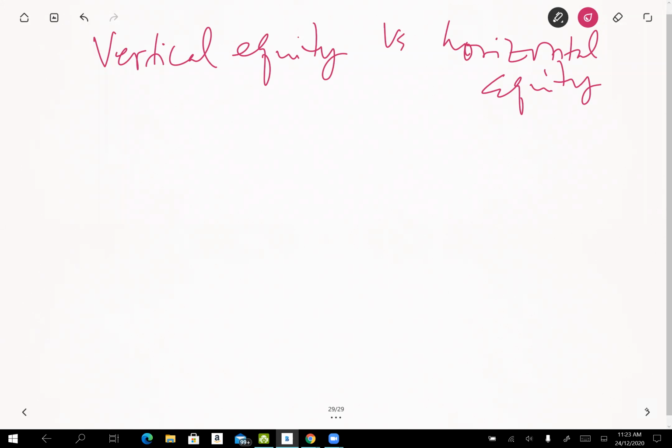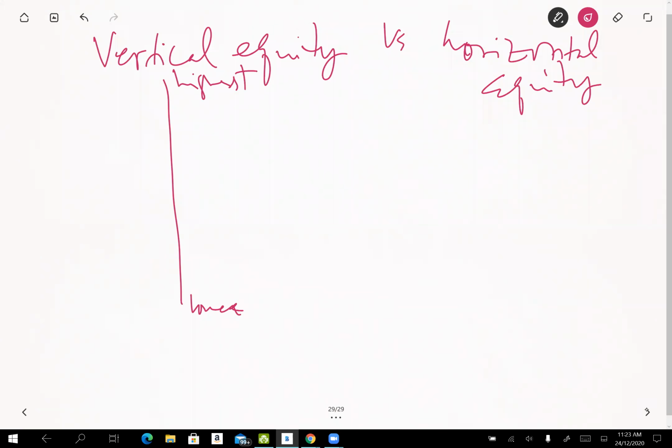It's like this. Vertical equity means you compare income across groups. Here you have the lowest income, here you have the highest.